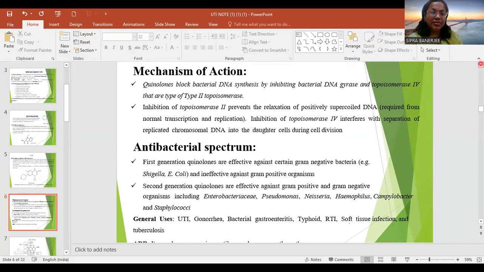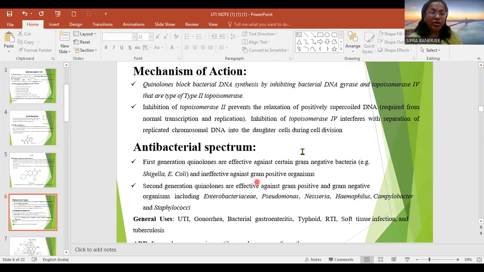Okay, so these enzymes are inhibited by the quinolone drug. Inhibition of topoisomerase 2 prevents the reduction of positively coiled DNA, and inhibition of topoisomerase 4 is also important.